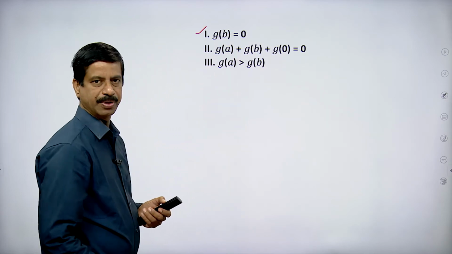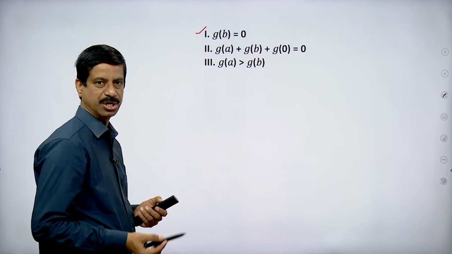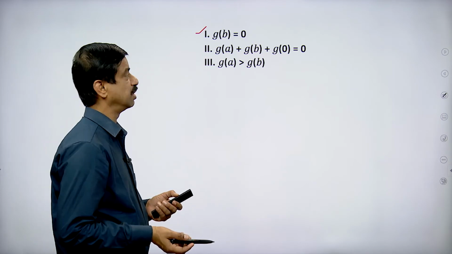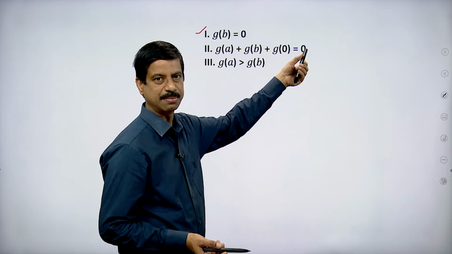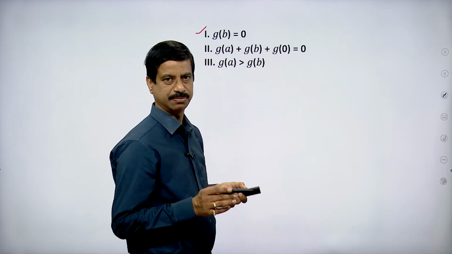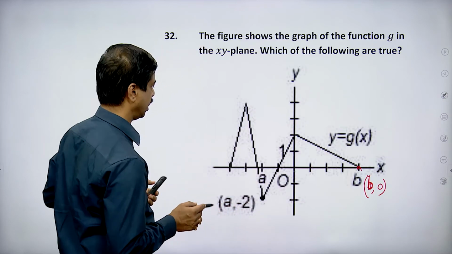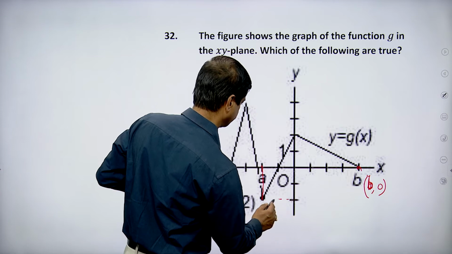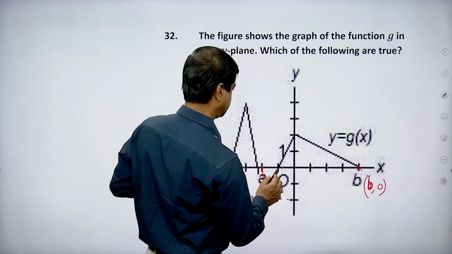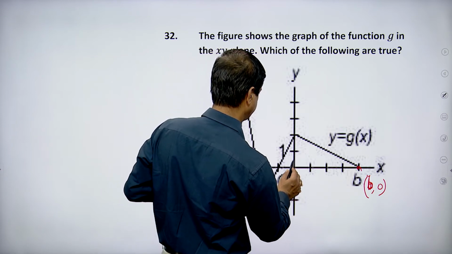G of a plus g of b plus g of 0 is also equal to 0, he says. So, anyway, we know that g of b is 0. So, if g of a is minus times g of 0, then finished. So, let us see g of a, when g of a is minus 2. Okay. So, g of 0 is plus 2.